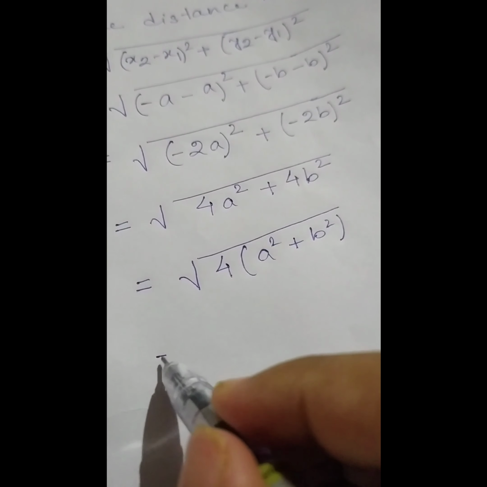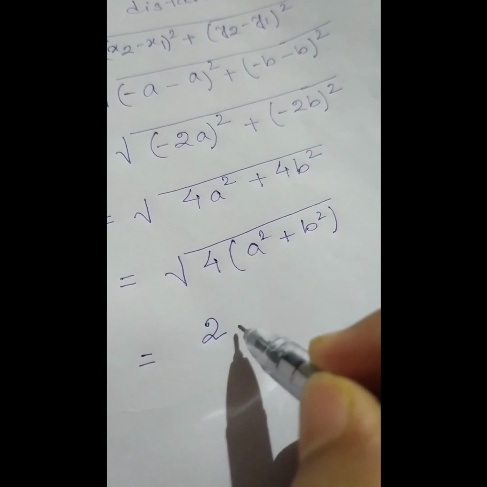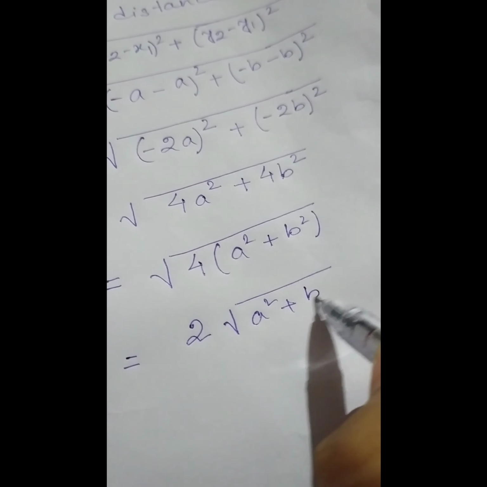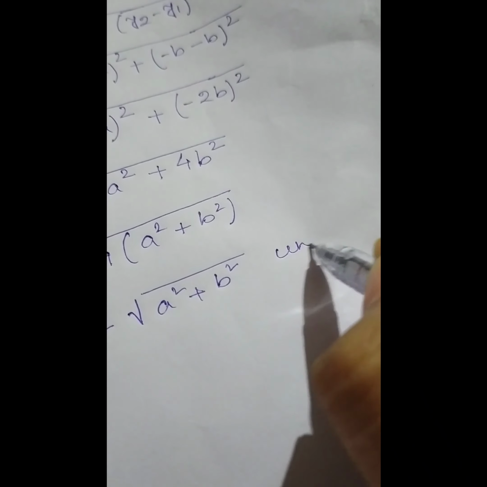The square root of 4 is 2. So 2 into root over (a squared plus b squared) units.